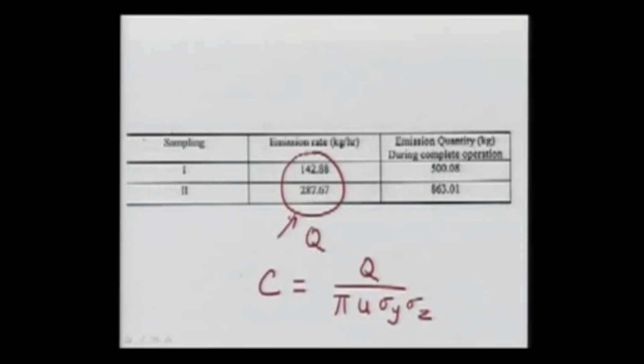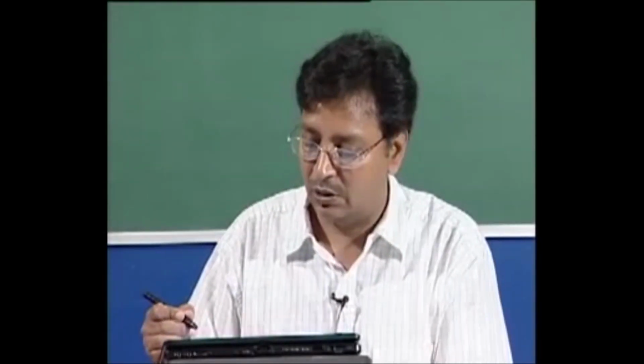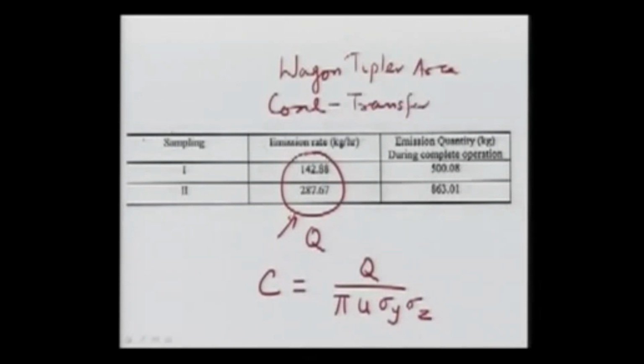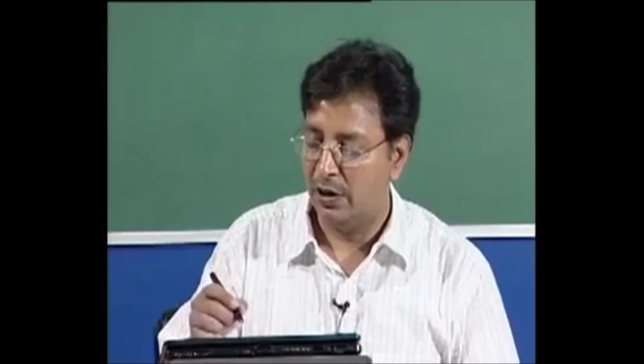Let me give you a real number which was obtained at one of the power plants, where you can see the emission from the wagon tippler area, the coal transfer. So you have not only learned the technique, but also seen that it can really be applied in the field, and the measurements can be done.